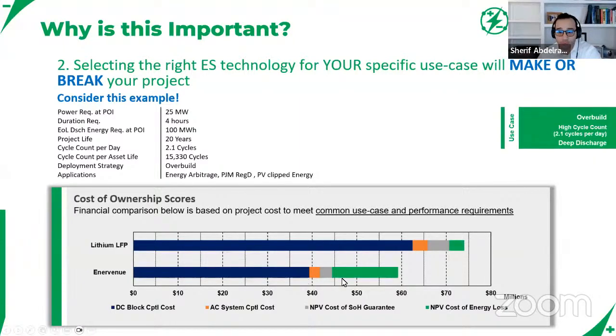Now, instead of spending about $75-ish million on lithium, you're at around $59 million with a more optimal solution, taking into account the capital and also O&M. So this is why this is important.